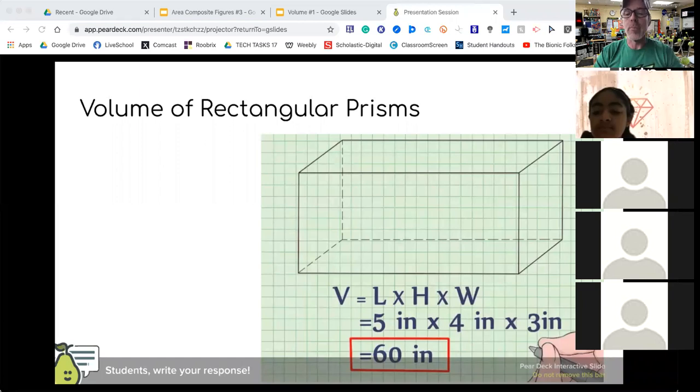Will you, on your Pear Deck response, tell me 2 things? 1, how did they get that answer, and what's wrong about the way they wrote their answer? So 2 things if you'll respond. How did they get that answer, and what is incorrect about the way they gave their response? What's incorrect about it?